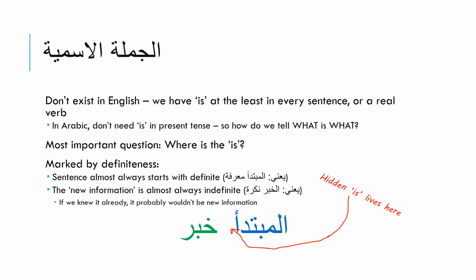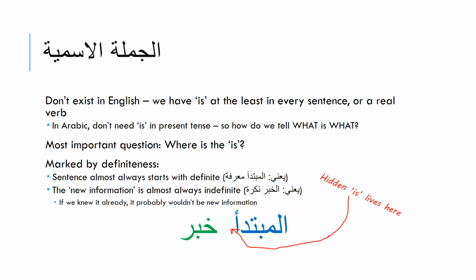The new information, because the new information isn't known to us, right, therefore it's not definite in the sense of definite things are known, is almost always indefinite. Yani, al-khabar nakira. If we knew this thing already, it probably wouldn't be very interesting new information. So that's why the khabar is usually nakira.